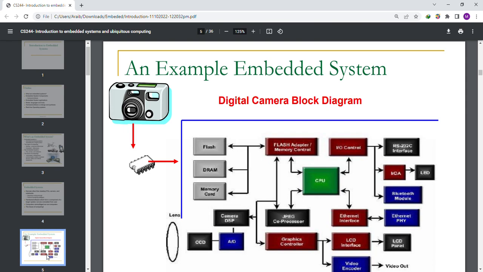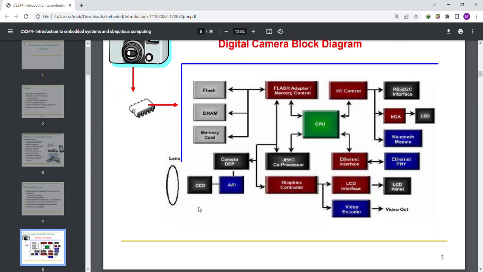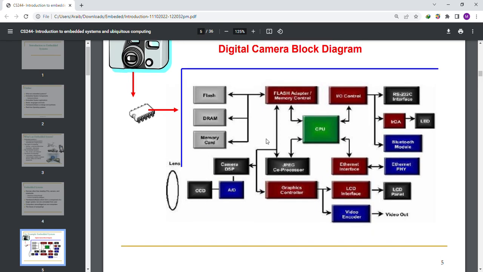Let's see an example of an embedded system. There's a camera and there's a chip in the camera, which consists of the following components which you are seeing in this slide. There's a CPU, graphic controller, flash, DRAM, memory card, flash adapter memory, input output controller, and Ethernet, LCD panel, LCD interface, Ethernet interface, video encoder, video outputs.